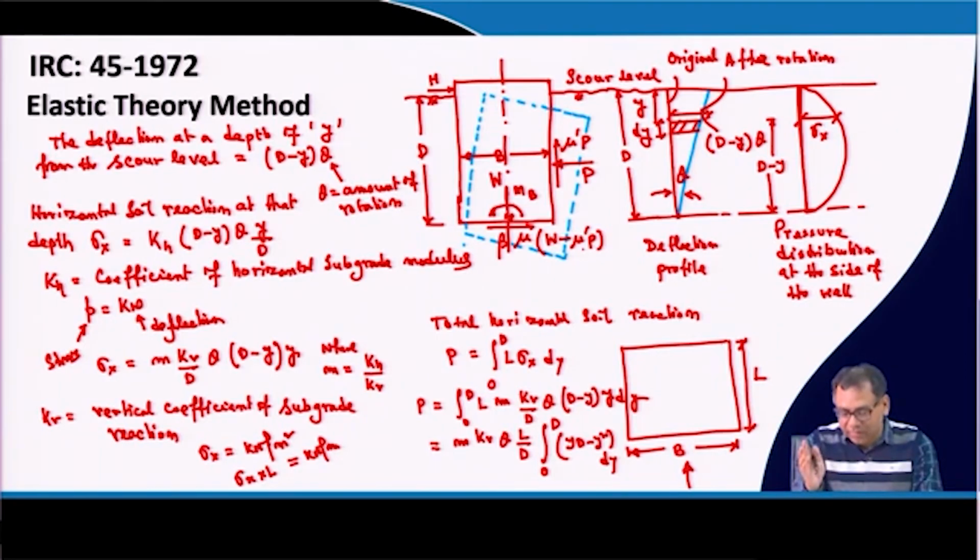That value will be discussed later. So, this is beta mu, and W is the vertical downward force, and in the upward direction there is the side wall friction acting. So, we have taken the net downward force, that is W minus mu dash P, beta into mu.